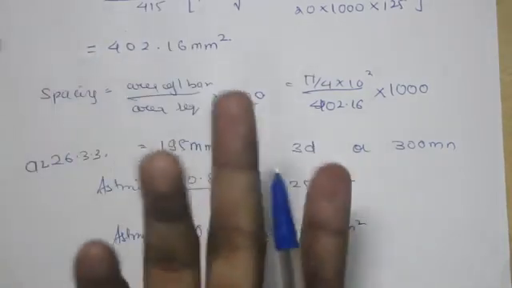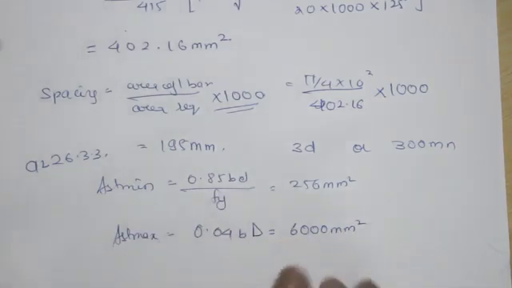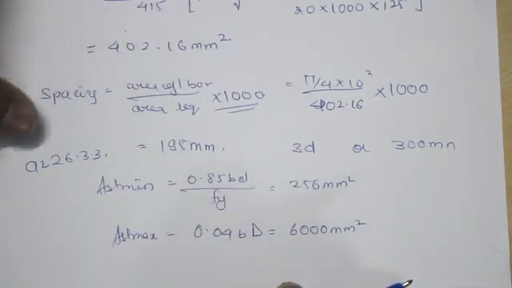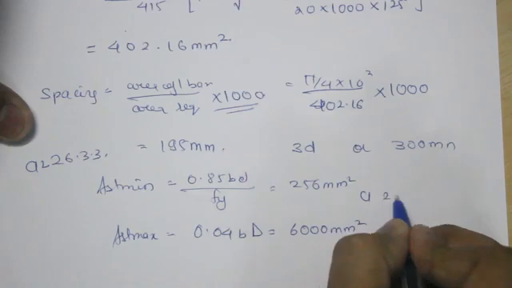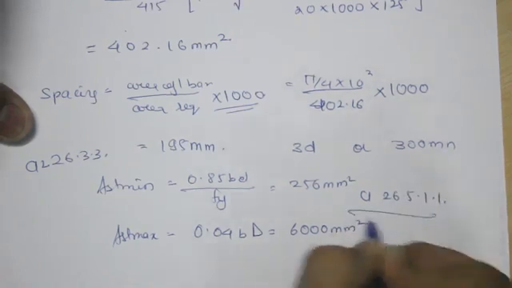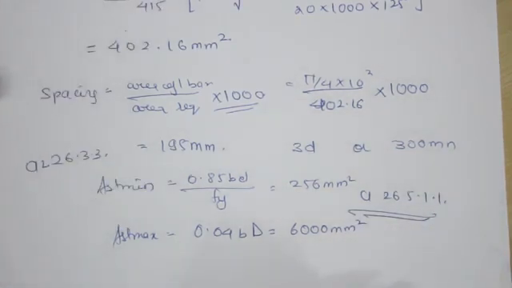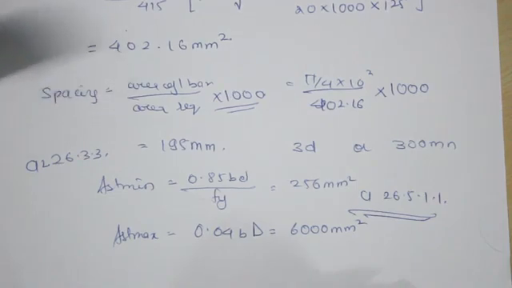So our slab is satisfying the criteria for minimum and maximum steel. This is given in clause number 26.5.1.1. Okay, this is with the actual calculation of steel and the spacing.